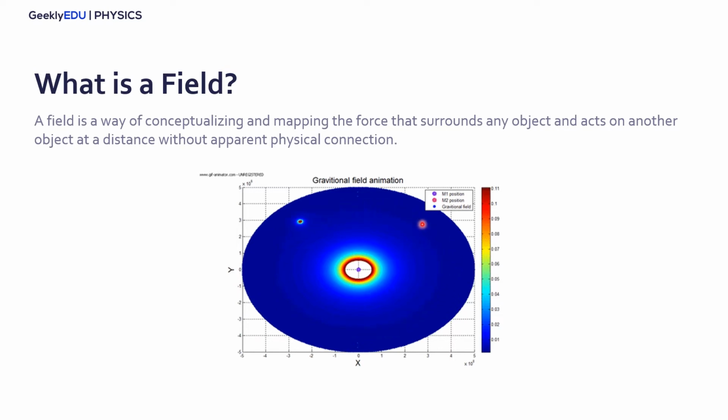And so we say that between these two objects there's a field, and inside this field we have force. If you want to know more about how we represent electric fields, you can take a look at the video about electric field lines.